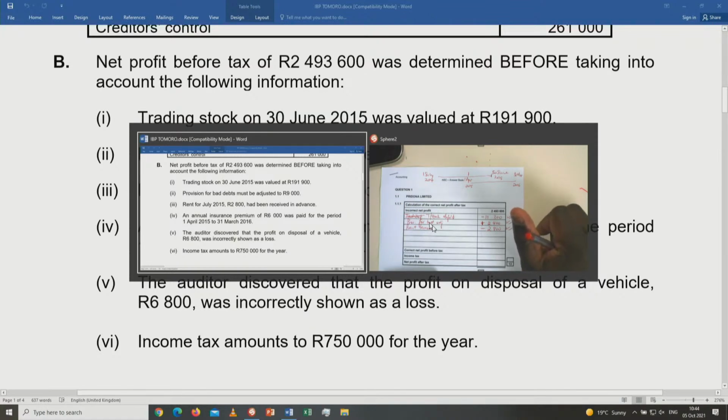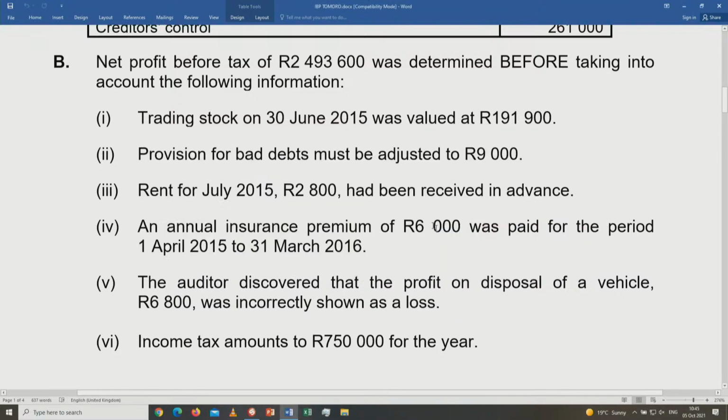It is 9 months. This premium proceeded to the next financial year by 9 months. That is what we are interested in, and that we will add back, because now what they did here, they've subtracted the whole 6,000.